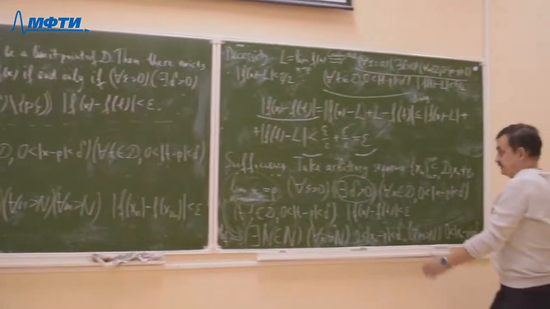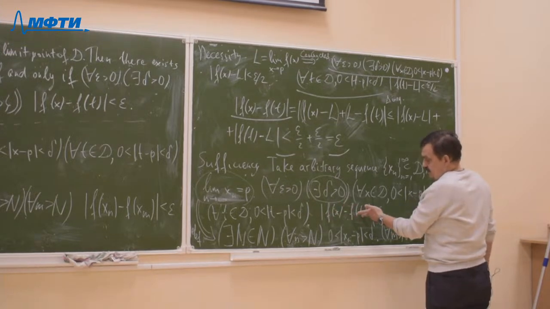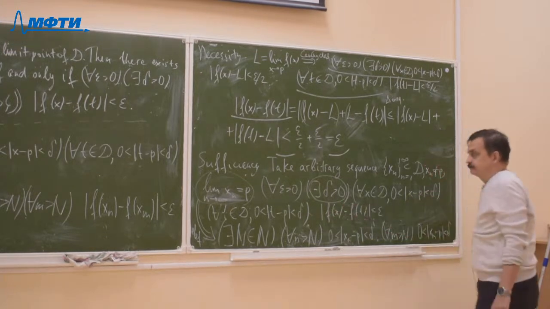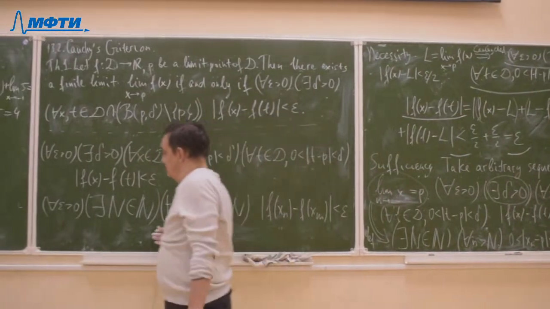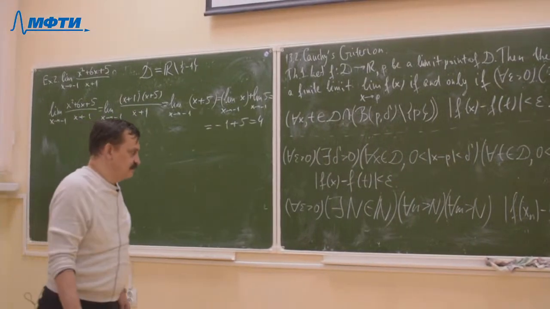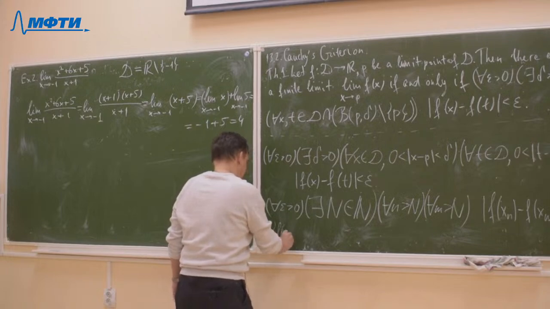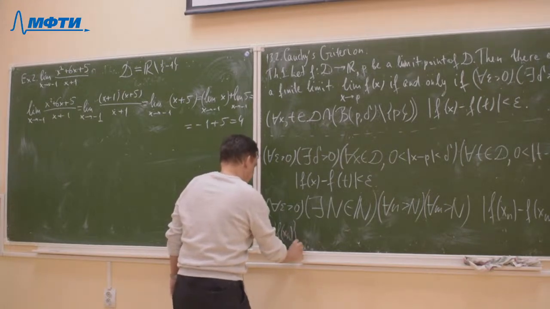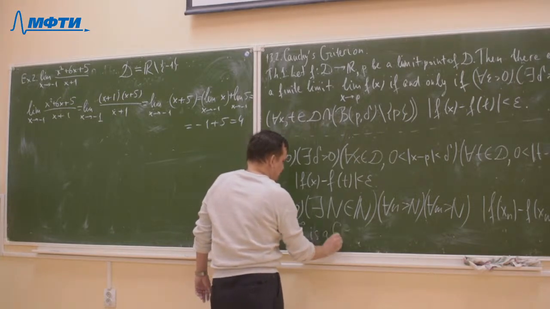So, once again, I substitute instead of x, xn, instead of t, xm. But this is precisely the definition of a Cauchy sequence. So it means that the sequence f(xn) is a Cauchy sequence.